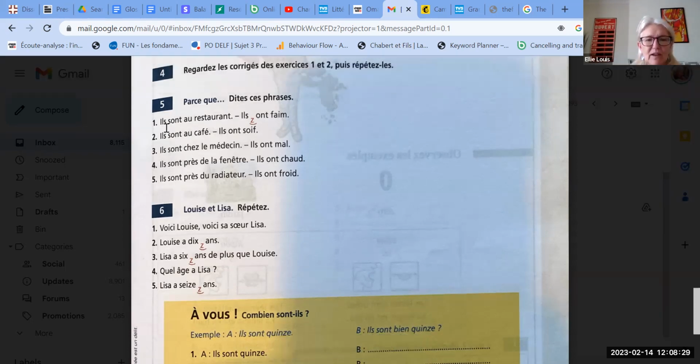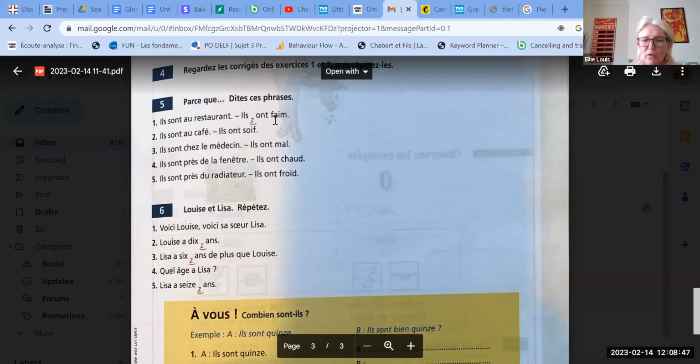So have a go at saying this then. Ils sont au restaurant. I'm going to liaise that T with the A. Ils ont faim. Make it really Z-ey.